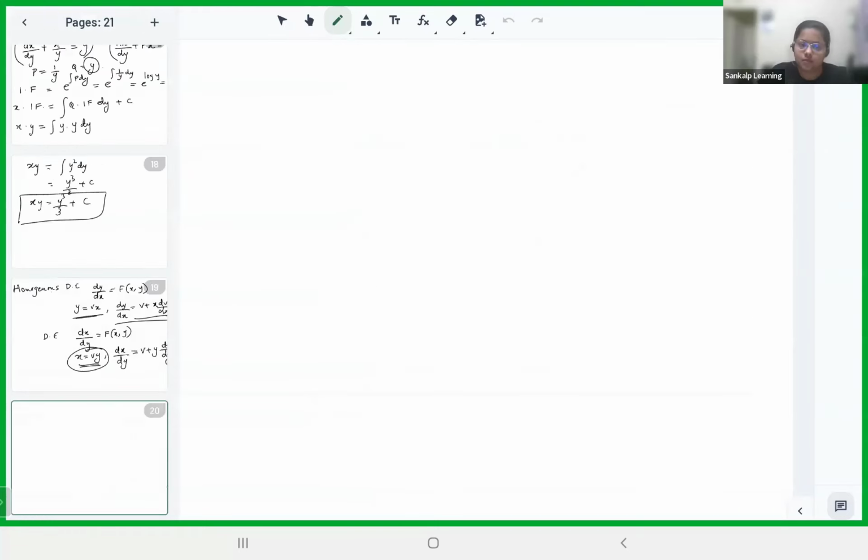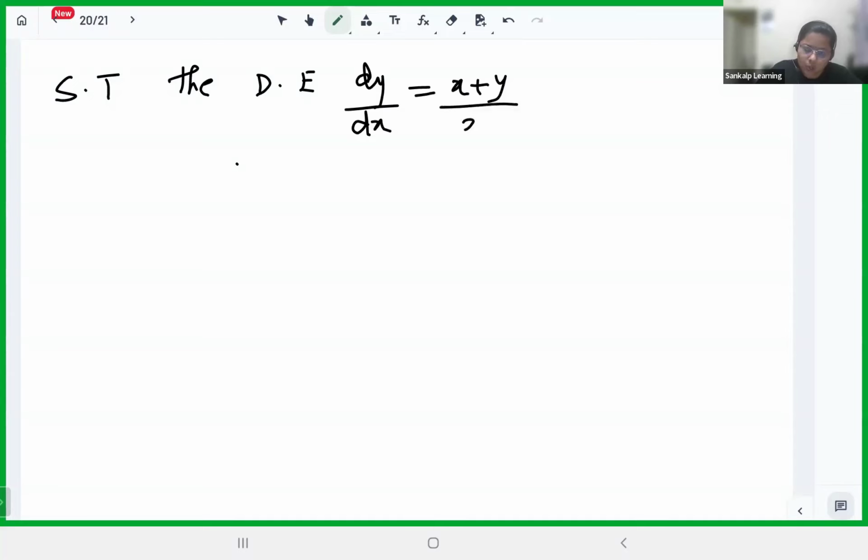All right. Now we'll do some problems related to this. Show that the differential equation dy/dx = (x + y)/x is homogeneous, and solve it.